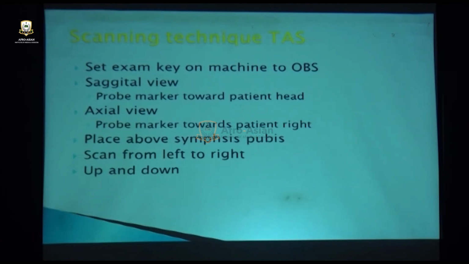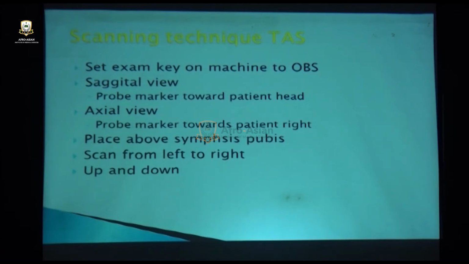There is an arrow on the probe. When you are doing sagittal scanning, keep the arrow towards the head of the patient. In that case, the image will be formed. The left of the screen will show you the head end, and the opposite will show you the foot end.